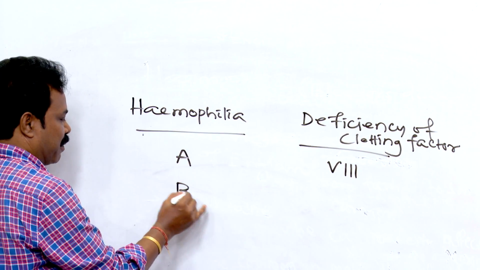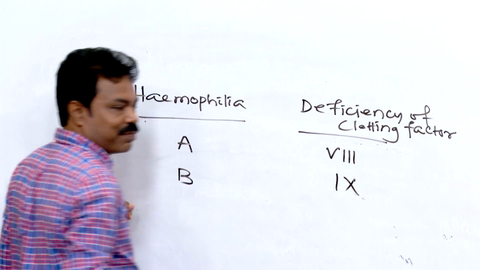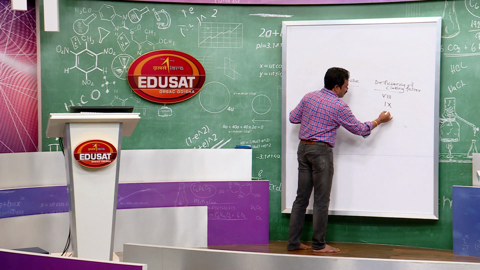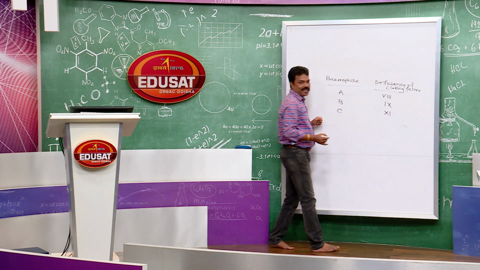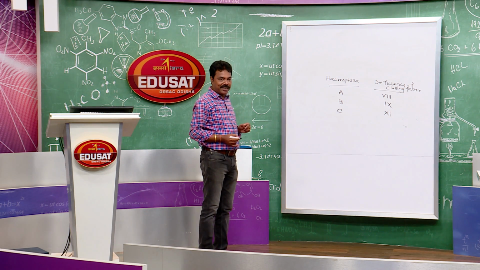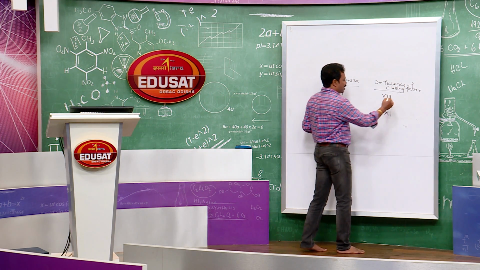Hemophilia B is due to deficiency of clotting factor IX, and hemophilia C is due to deficiency of clotting factor XI. But the most common type of hemophilia is hemophilia A, which is due to deficiency of clotting factor VIII.